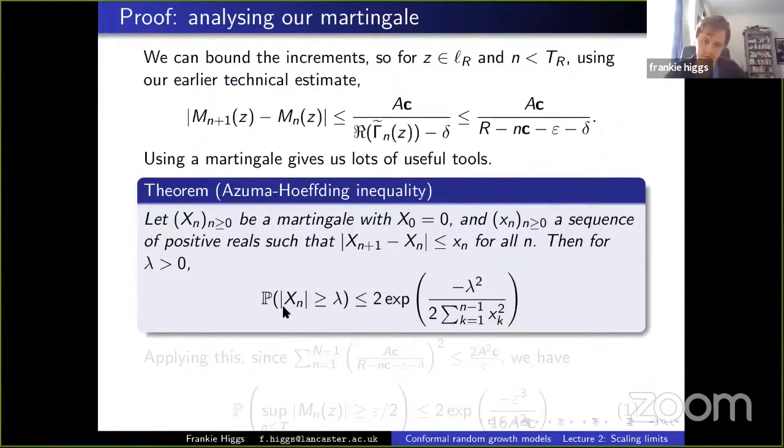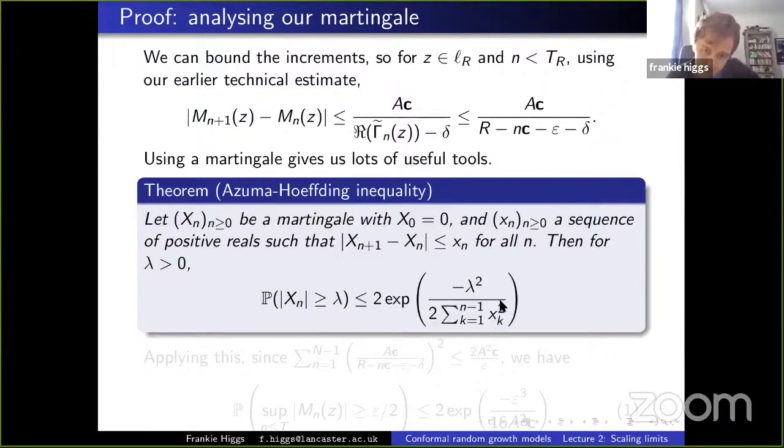And you could as easily say the supremum of mod xn over n here. The probability that we exceed some value lambda is small as long as lambda squared is more than the sum of squares of these bounds.